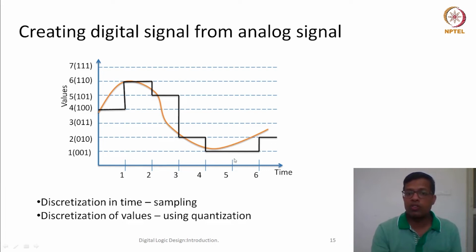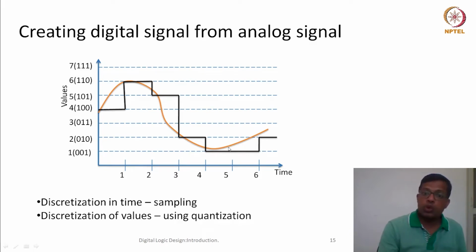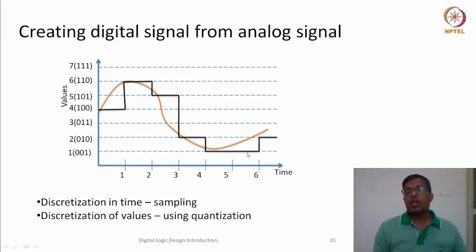So both at 4 and 5 we said it is 1. It is interesting that the value was not 1 at either 4 or 5, and there was a difference in value at time equal to 4 and time equal to 5, but both in the digital world are considered to be the same because they are quantized.